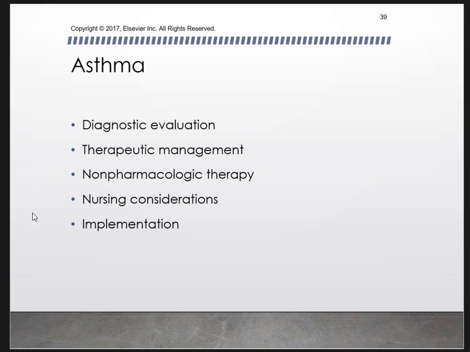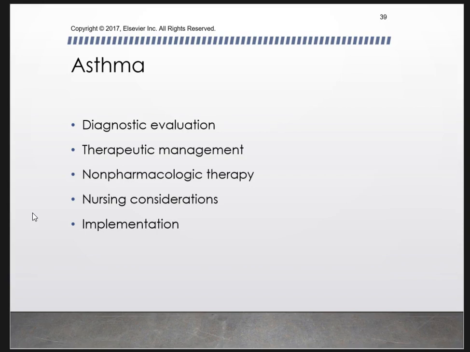Then the other piece is obviously drugs. We're going to have to provide medications for most kids with asthma. We'll get to that in just a second. So other big nursing considerations that I want you to be thinking about is how do you, as the nurse, help support the child in that big therapeutic management goal, which is to still be able to live like a child.